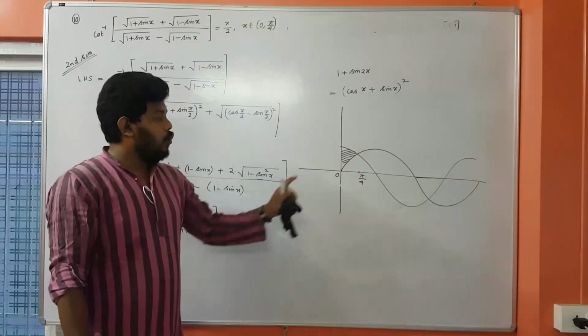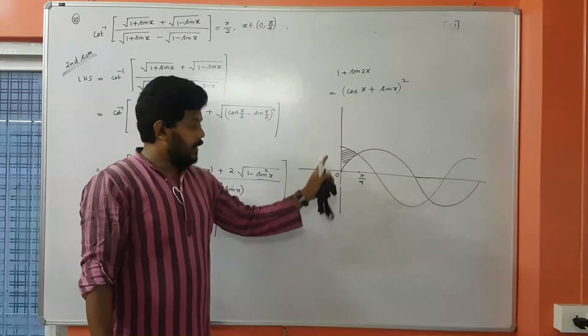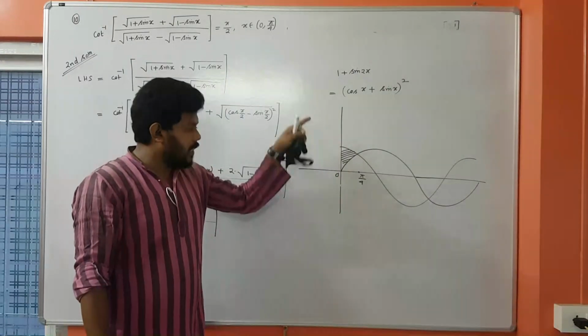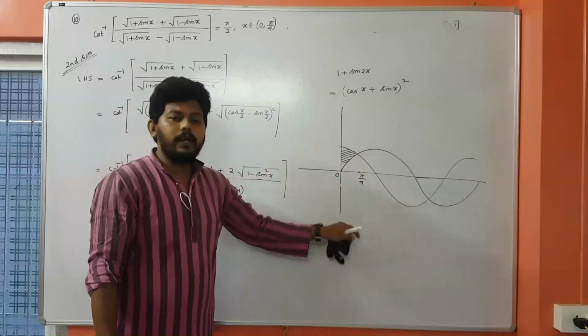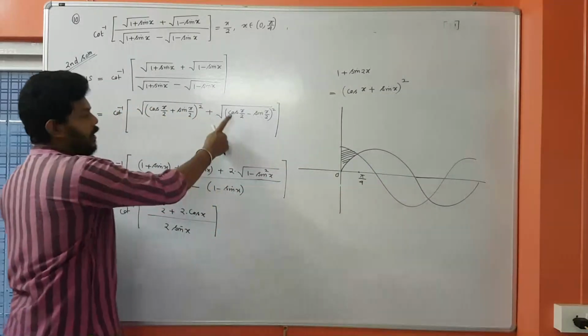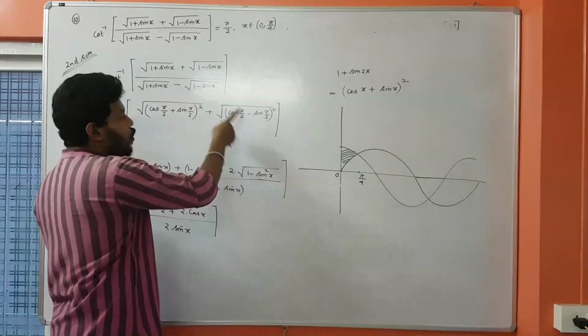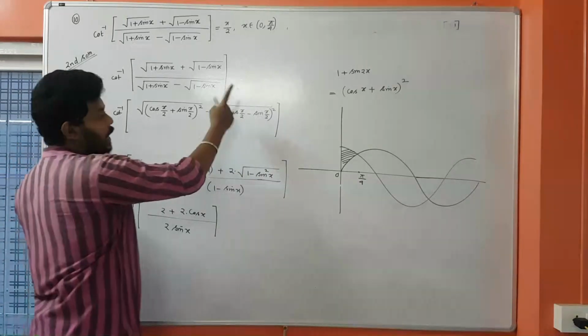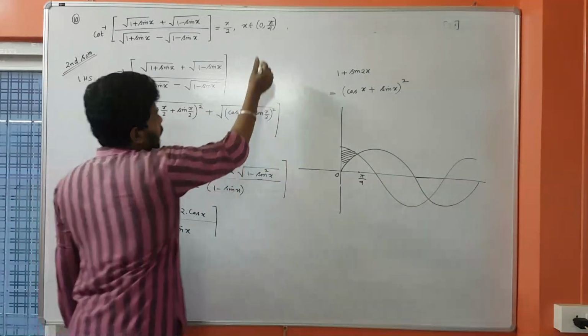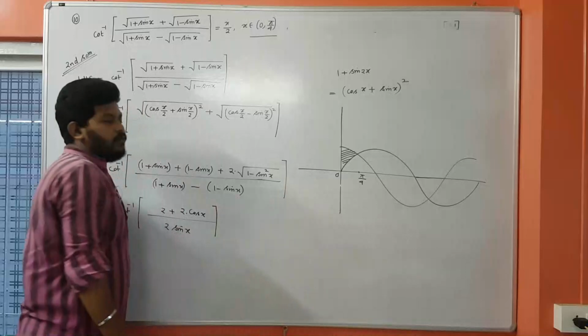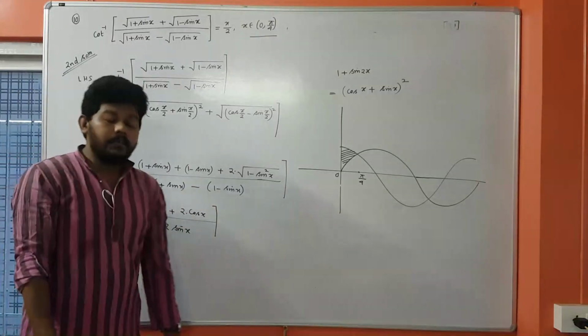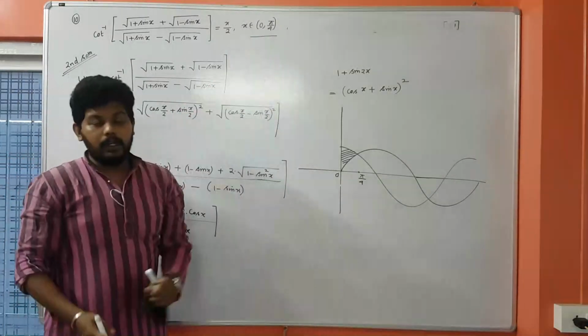That is why cos x is larger here. Hence, sin x is smaller. That is why I have written a minus b whole square, where cos x by 2 is larger than sin x by 2 in the interval 0 comma pi by 4. Now you are getting the significance of this interval given in the question.